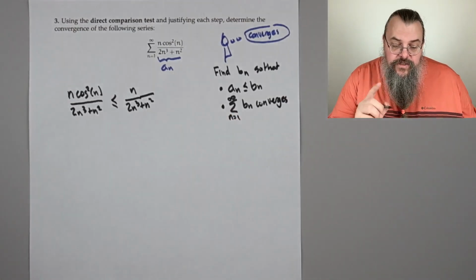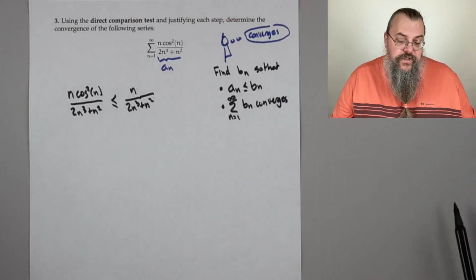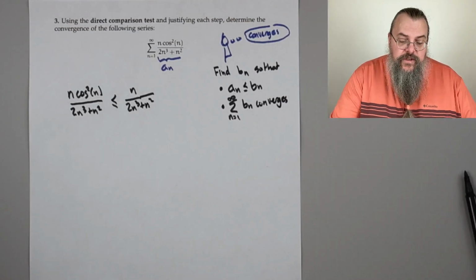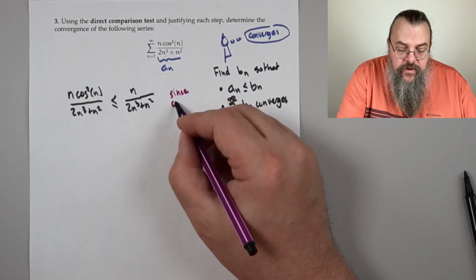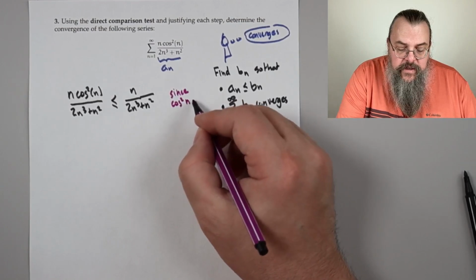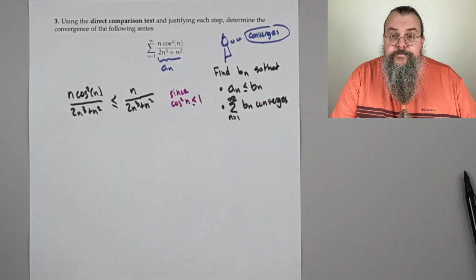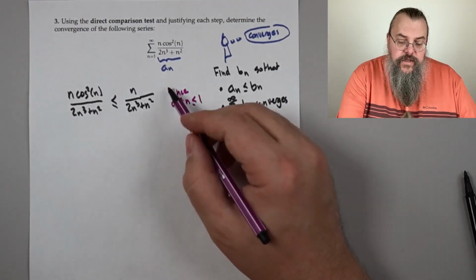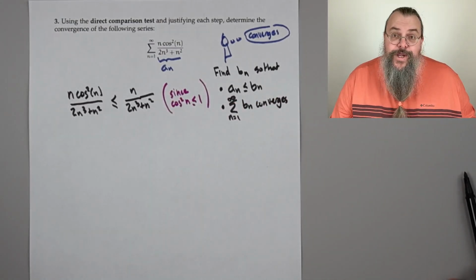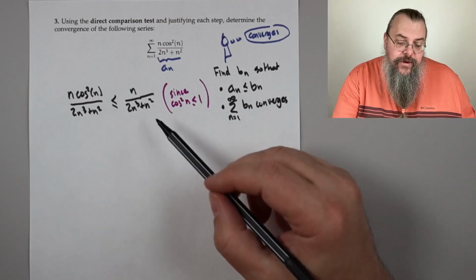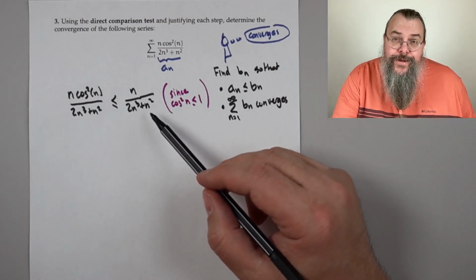Now, we've got to justify it, right? Because it says justify each step. Okay, so here's our justification. Since cosine squared of n is less than or equal to 1. Okay, so there's our justification for that step. Now, what would we like to do? Well, we'd like to get rid of the n squared.